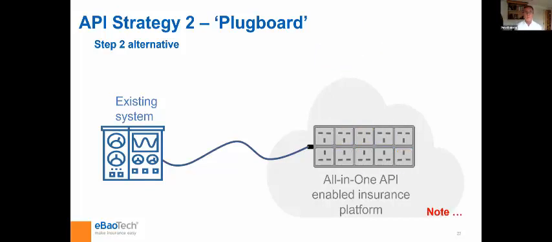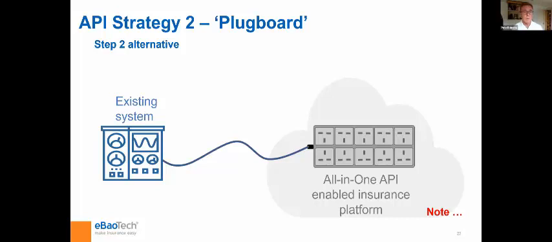And there's one final point to make about this strategy. You also get, within the plug board, a hidden trick. It comes preloaded with hundreds of APIs, all insurance related, which means you can configure product, quote, bind, issue, configure digital channels, all in the one place. Why is this important? Because when we're talking about the Willis Towers Watson rating optimization engine, what their clever technology does is give you a rate.